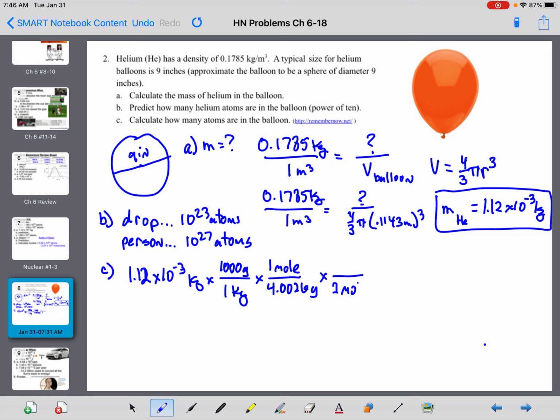And we know that 1 mole is 6.02 times 10 to the 23rd atoms. And that's going to give you how many atoms of helium are in that balloon. About 1.69 times 10 to the 23rd atoms.